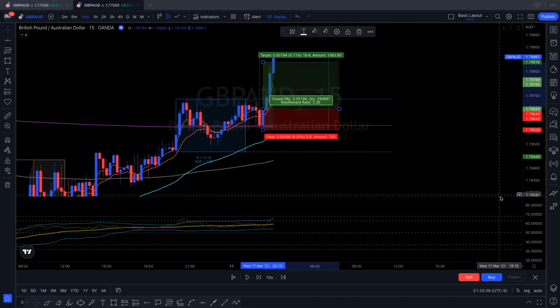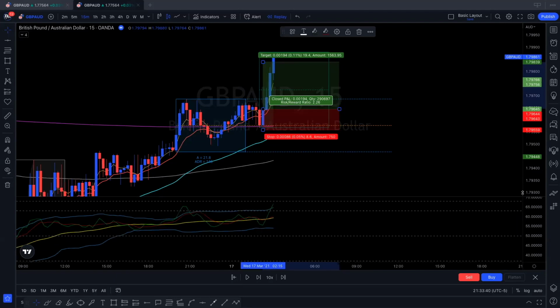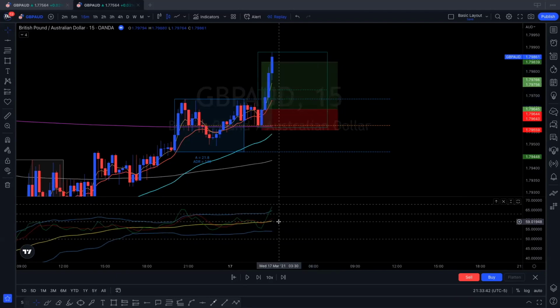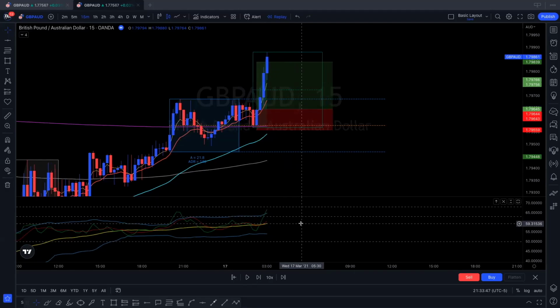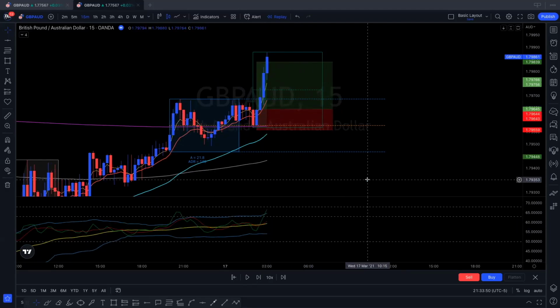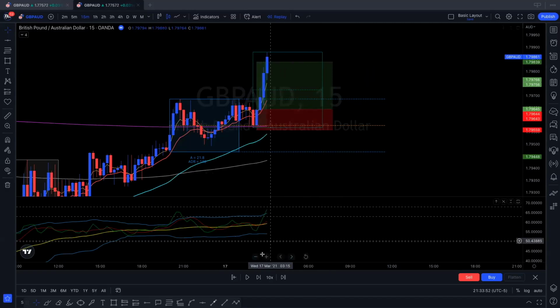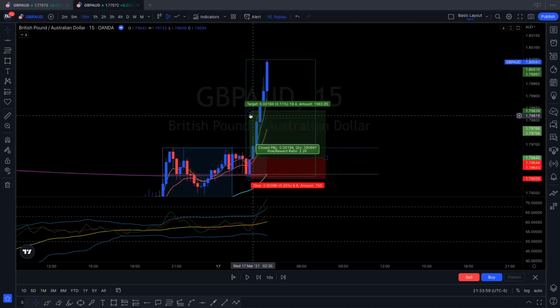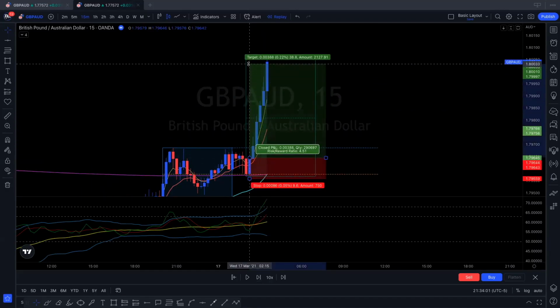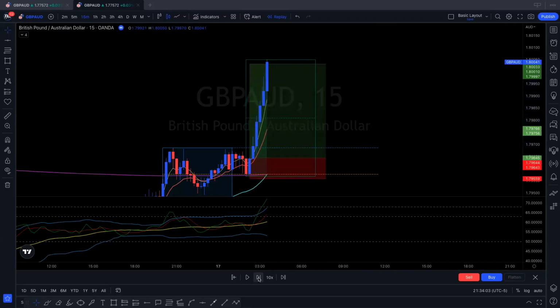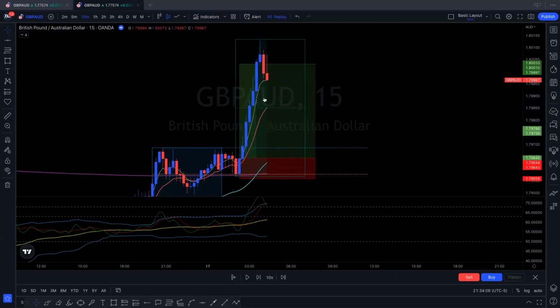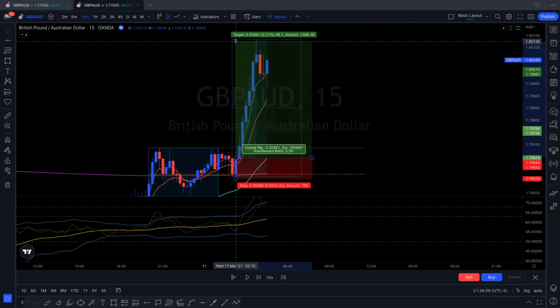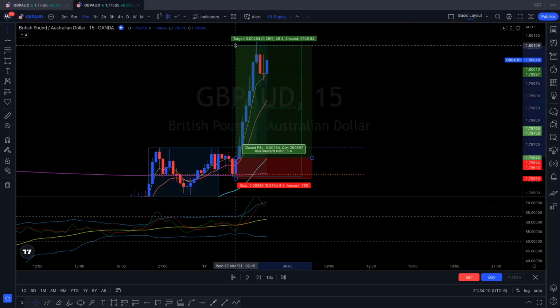There's a couple things that I don't like about it. The fact that it's not at the 50 on the TDI is kind of a big turn off for me, but the trade is there. That's 40. So it went up to damn near 50 pips almost.